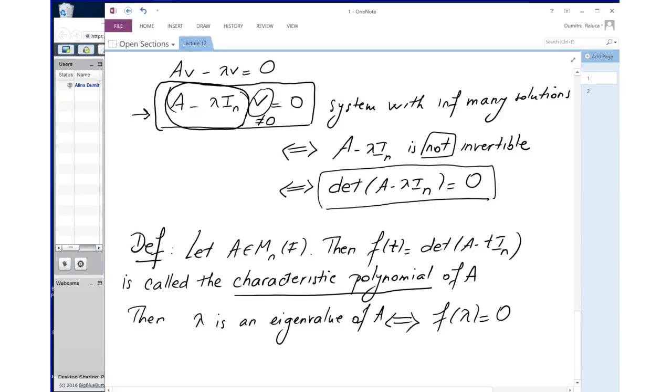Where f of t is the thing defined above. So lambda is a zero of the characteristic polynomial.